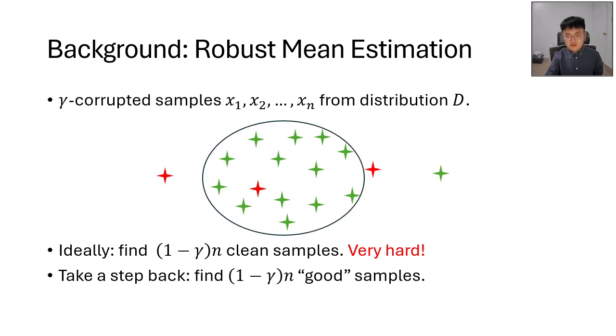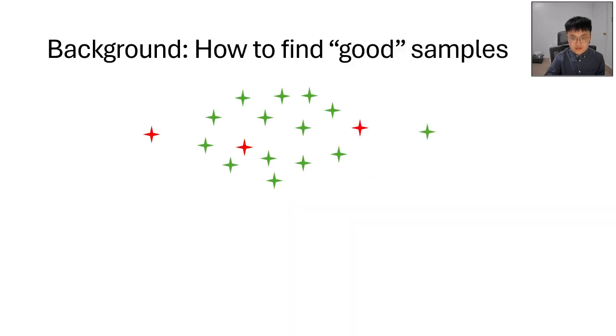As an example, this set of samples could be considered a good set because it contains only one bad sample, and it seems, at least in the picture, that the bad sample is not doing much damage to the mean estimation. So now the question is how to find a good set of samples.